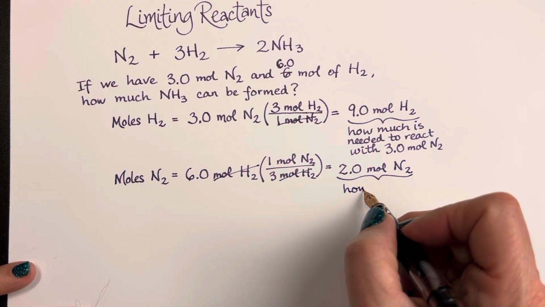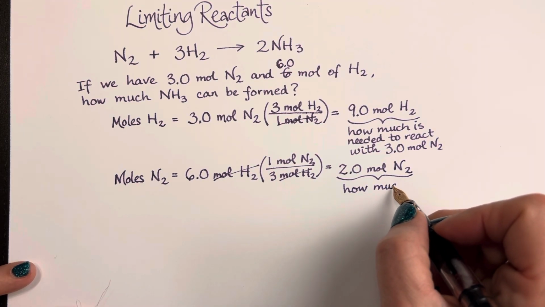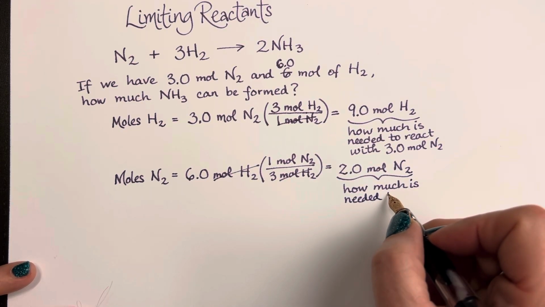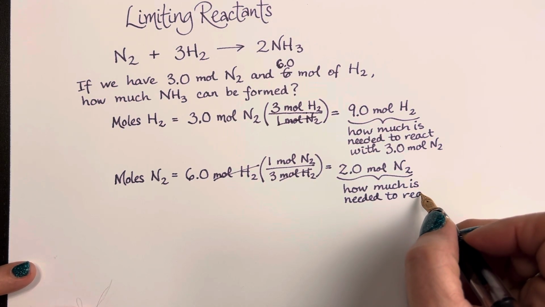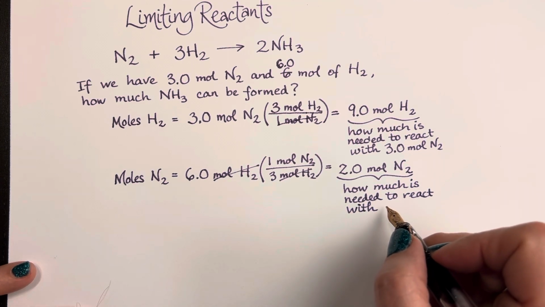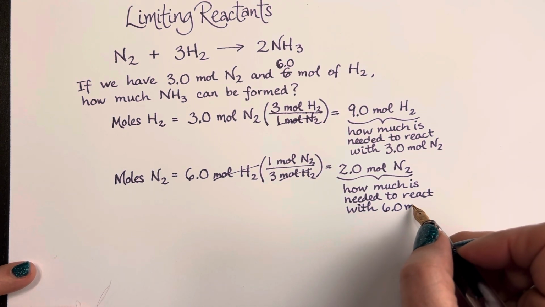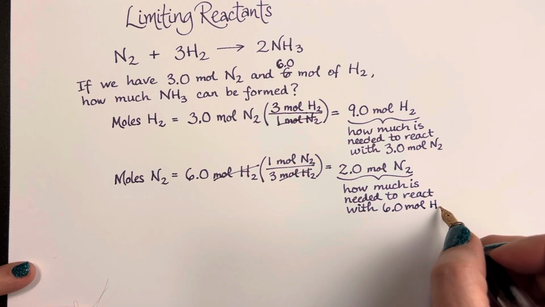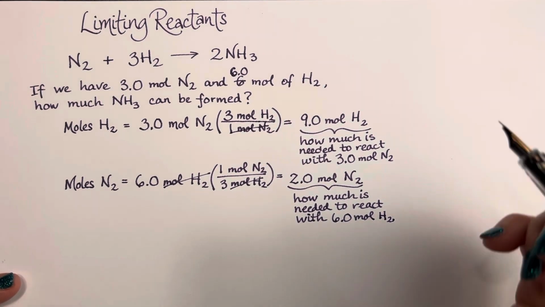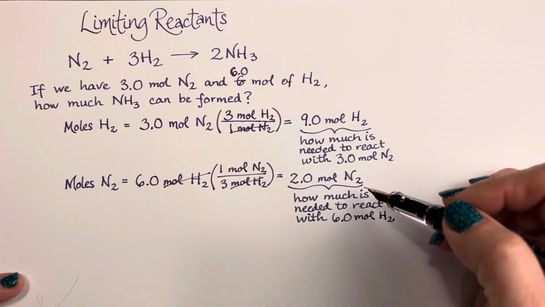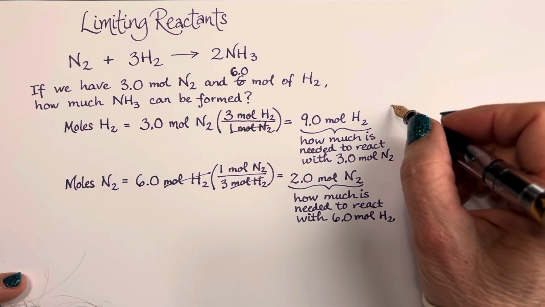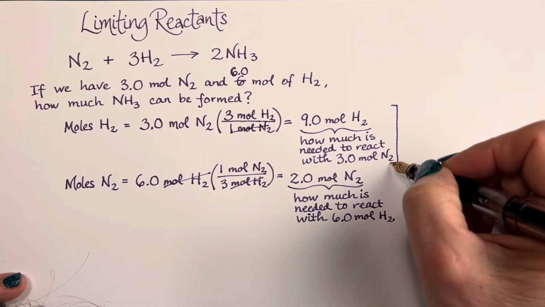Okay, so we would need 2 moles of nitrogen. That is how much is needed to react with 6.0 moles of hydrogen. Let's look at these two. These are kind of checks. You could look at them before doing the actual problem. You want to see which is the limiting reactant.